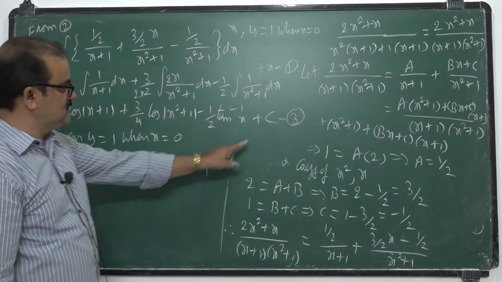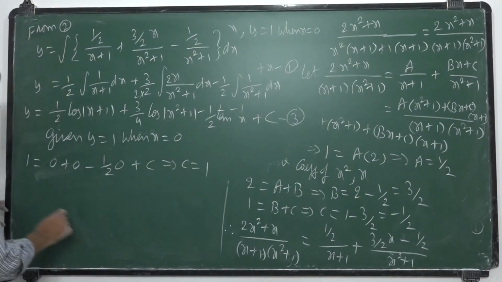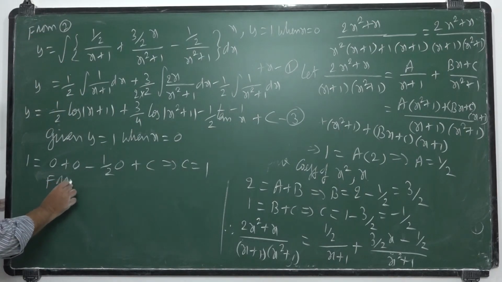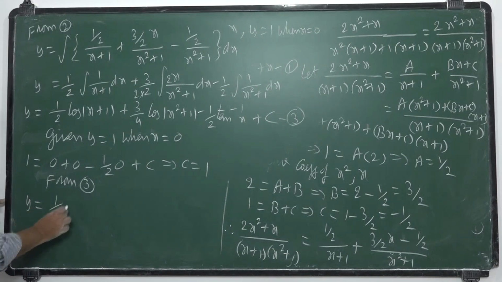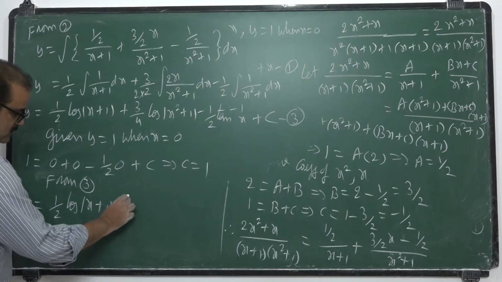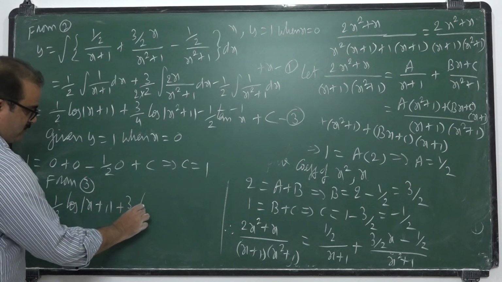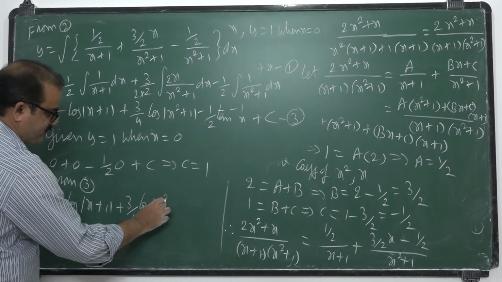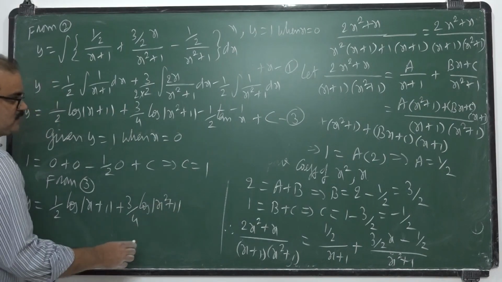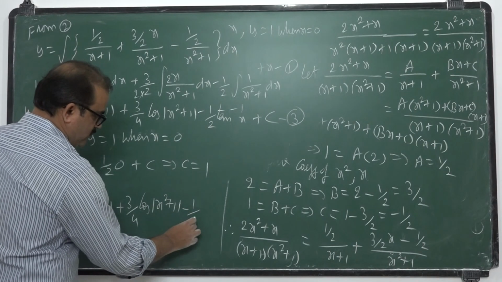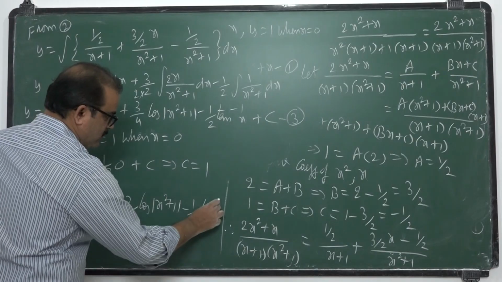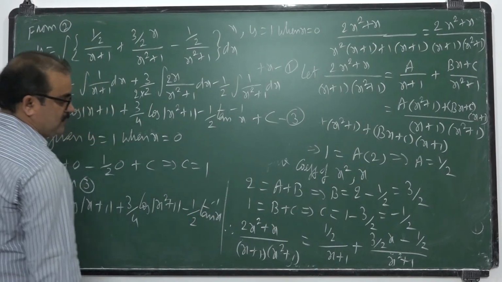Now substitute the c value in equation 3. From equation 3, y is equal to 1 by 2 log of mod (x plus 1) plus 3 by 4 log of mod (x square plus 1) minus 1 by 2 tan inverse x plus c.